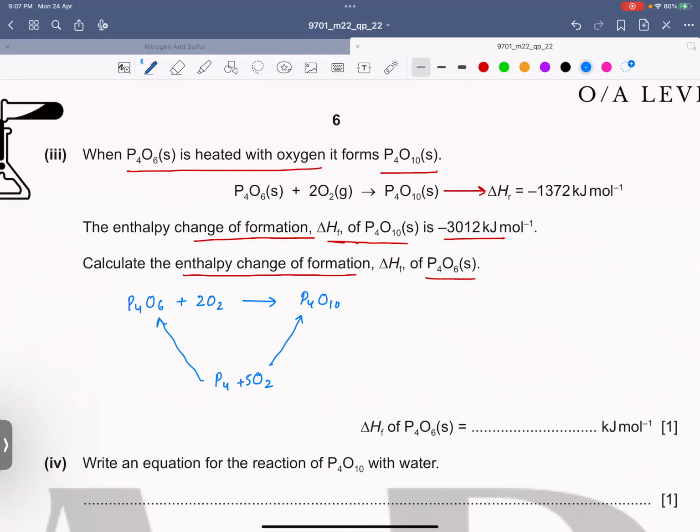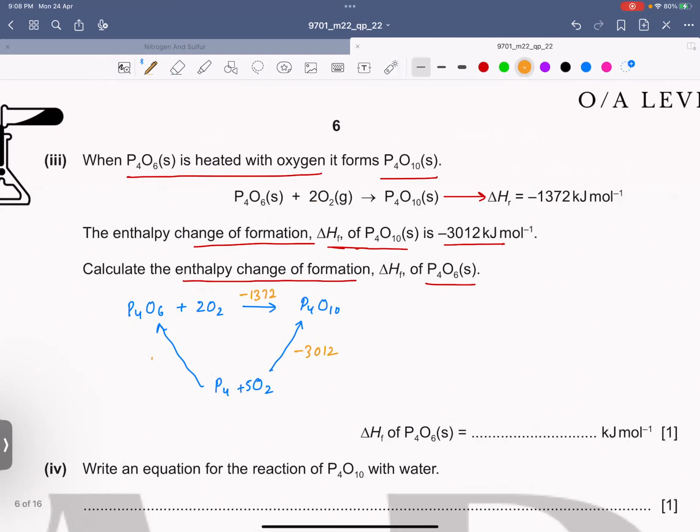See, this reaction has this enthalpy change because here P4O10 is forming from its elements, right? And when these form P4O6, that we have to find, that is X. So if you look at the cycle, we can easily conclude that this is my direct route, and from here till here is the indirect route.